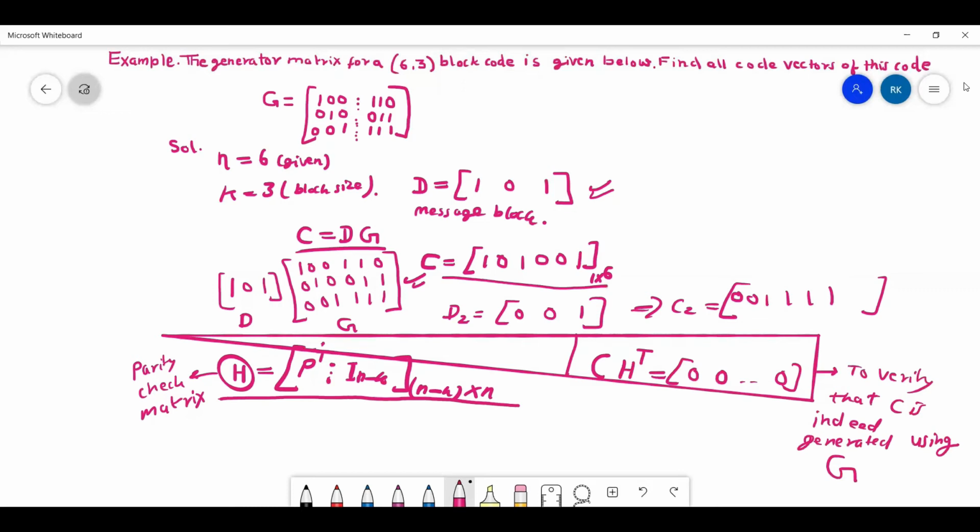Now, how can we obtain this H^T? We have this H also, but how can we obtain this H^T? This H^T we can obtain directly from P. So this H^T is given by P divided by this identity matrix of size n minus k.